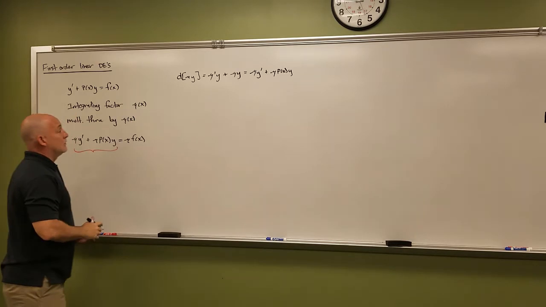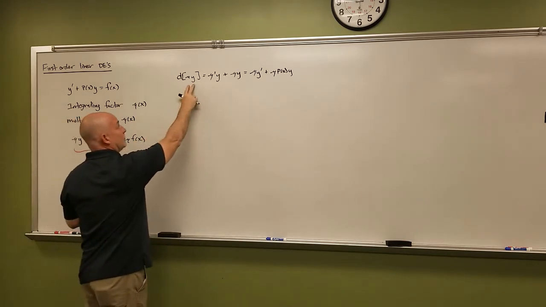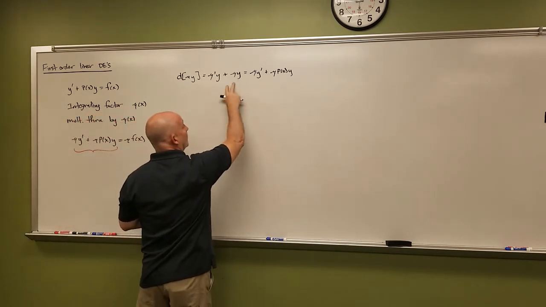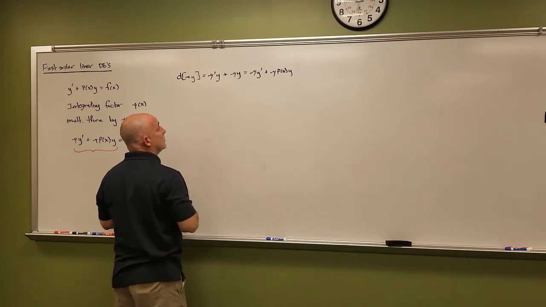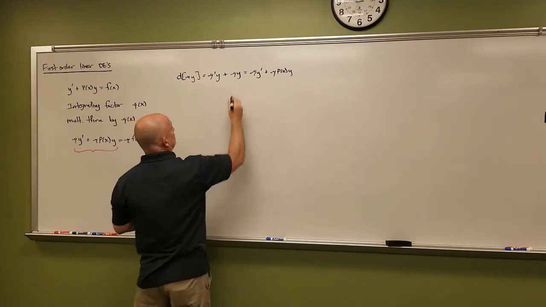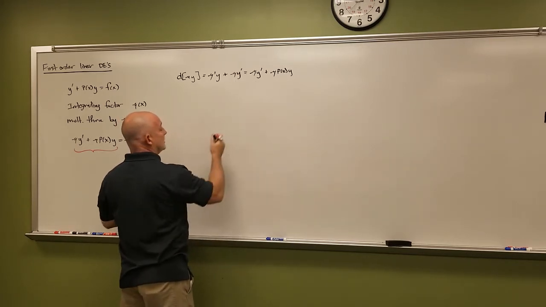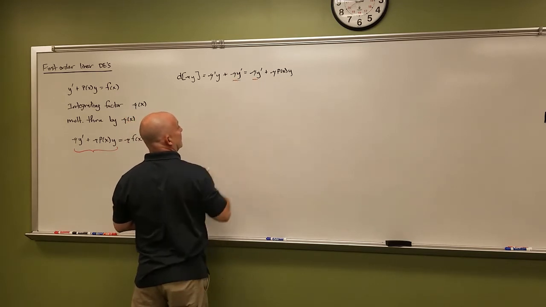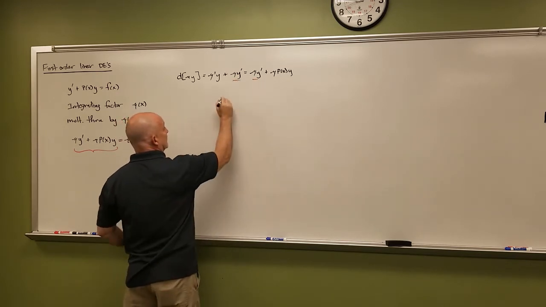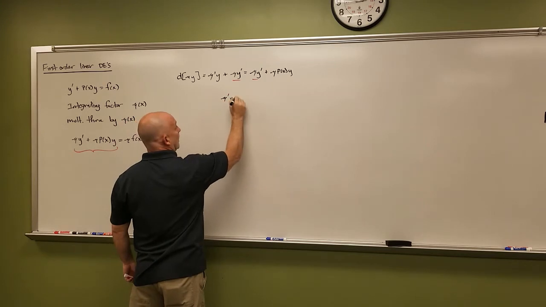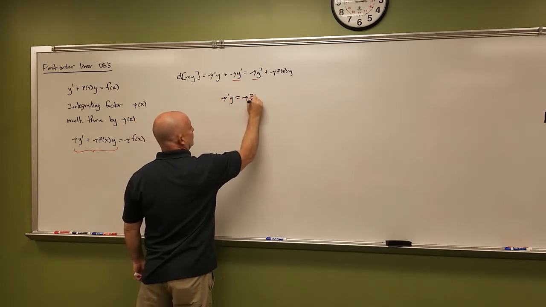So we want this to be the derivative of mu y. So what would it take for these two things to be equal to each other? There's a y prime right there. So as you can see, this piece and this piece are the same on both sides, so those would cancel, which means that mu prime y has to be the same as mu p of x y.